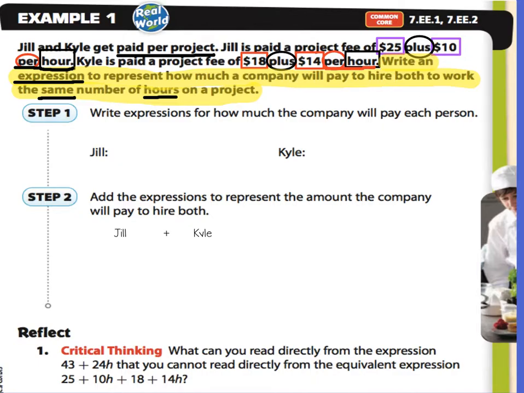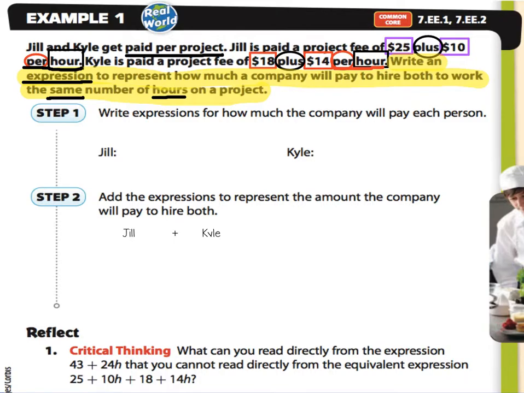All right, so let's start putting together our information. We're going to write expressions for how much they will pay each person individually. So we'll put one together for Jill and one for Kyle. Now, like we said, Jill and Kyle are both going to work the same number of hours, so H can represent the number of hours Jill or Kyle works.